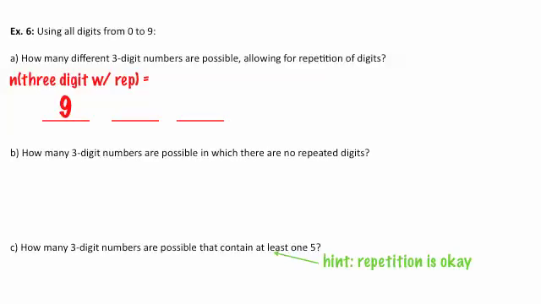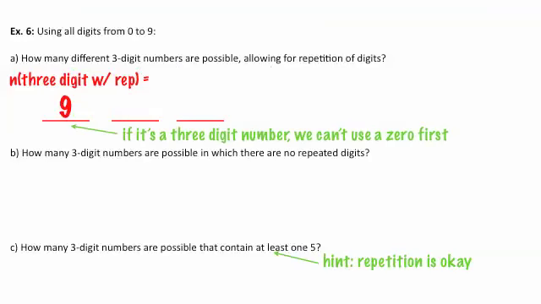And of course, why do we only have 9 possibilities for that first digit? 0 to 9 is 10 distinct items, but why are there only 9 for the first? Well, if it's a 3-digit number, then you can't use a 0 in that first place, because if you do, then you're down to a 2-digit number.